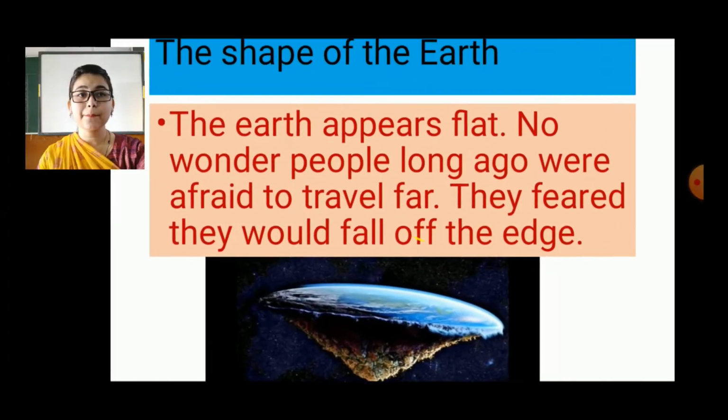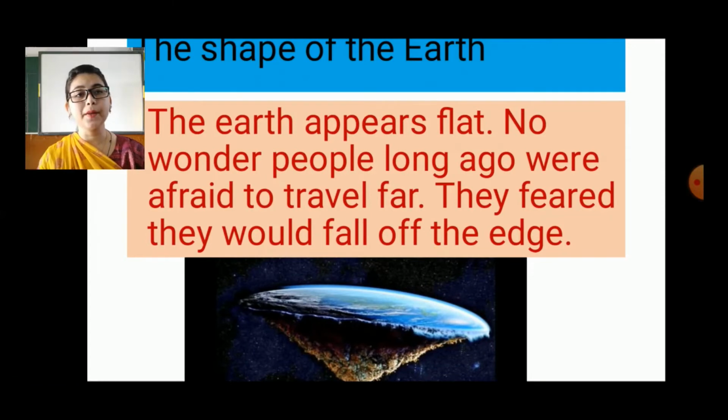The earth appears flat. No wonder people long ago were afraid to travel far. They used to think that if they walked in one direction, they would fall off the edge. That is why they never tried to go far.